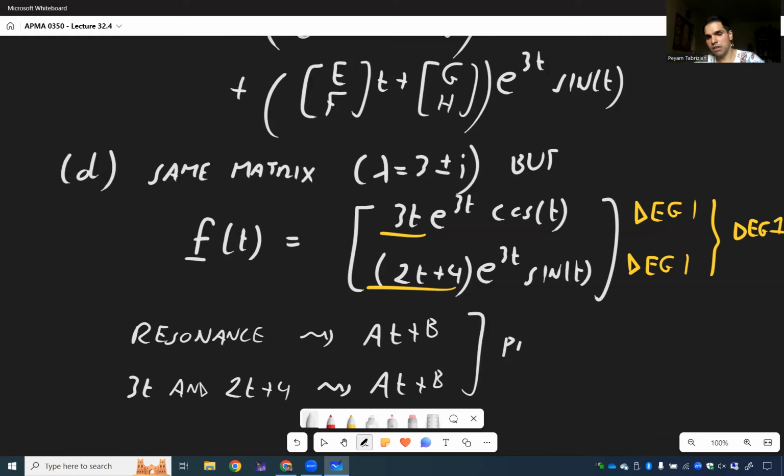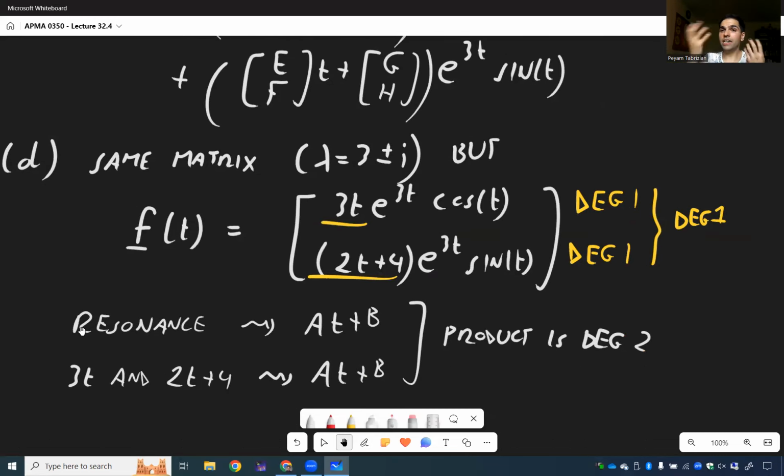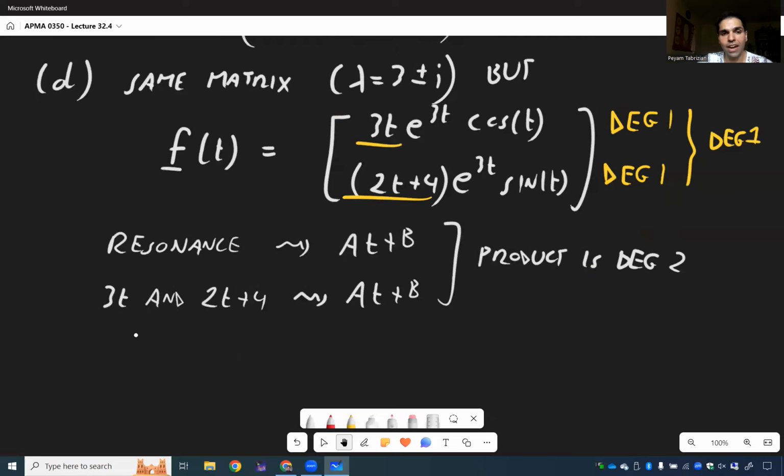So the product is degree 1 plus 1, which is 2. So once again, I know it's a bit complicated. You have a linear term because of resonance, but another linear term because of those polynomials. So in the end, you get something quadratic.